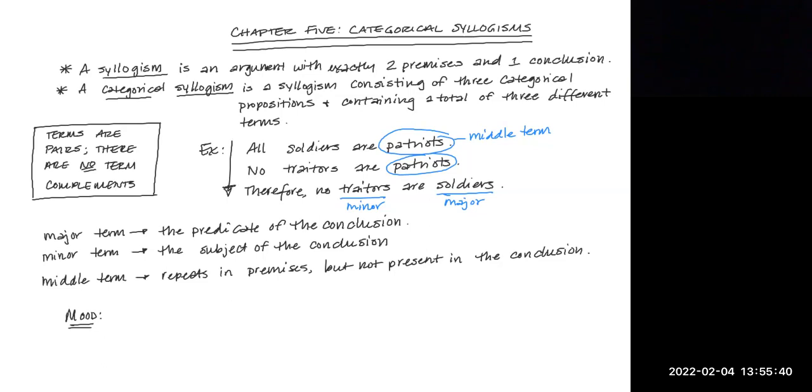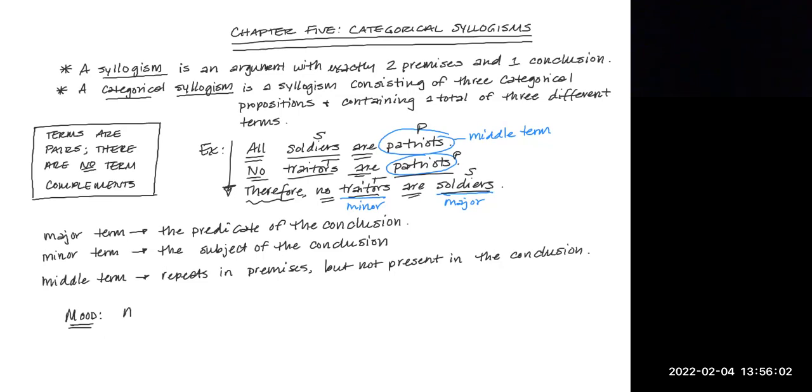So if we put this original argument into standard form, all soldiers are patriots, no traitors are patriots, therefore no traitors are soldiers. We're just going to go ahead and use S and P here because they've really given you very little choice and they're trying to make a point.